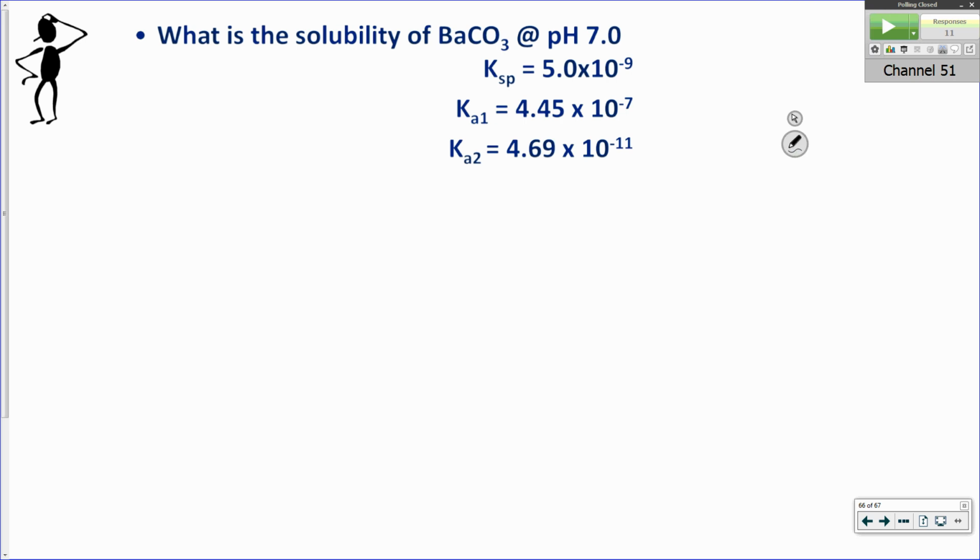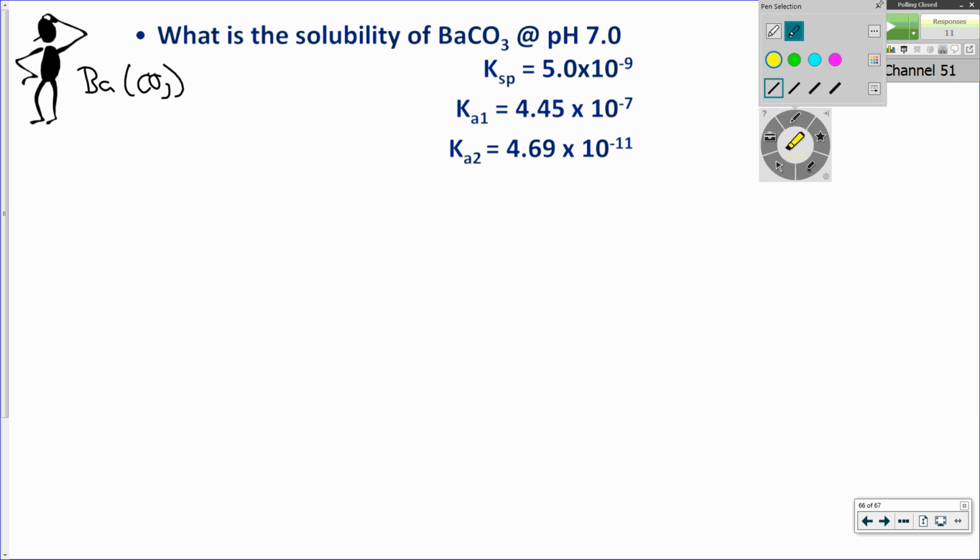So I'm going to write out my expressions. So barium carbonate dissociates. I know there's only one of them. Don't need any parentheses there.